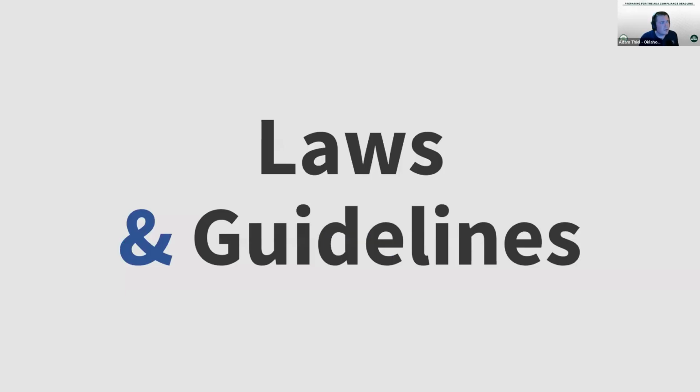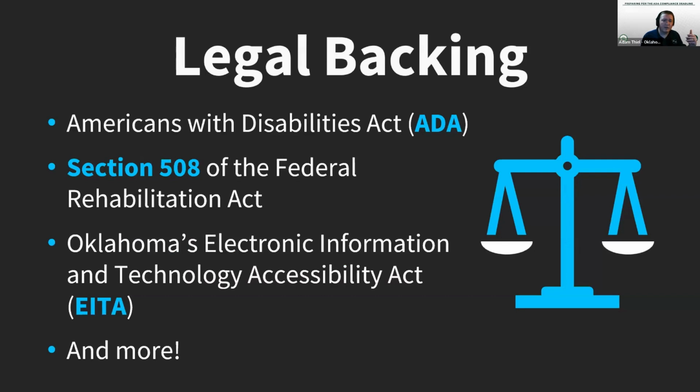So now for the laws and guidelines, there is legal backing for why you should be making your content accessible. Here in the United States, we've got the Americans with Disabilities Act. That's the law that most people are probably familiar with.